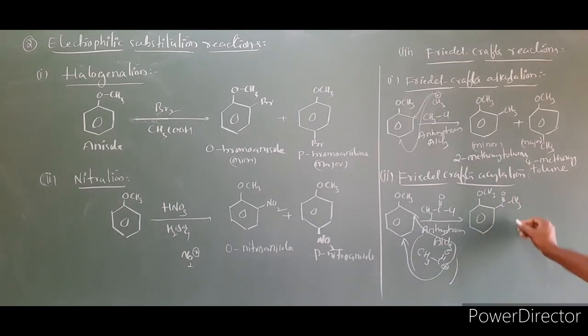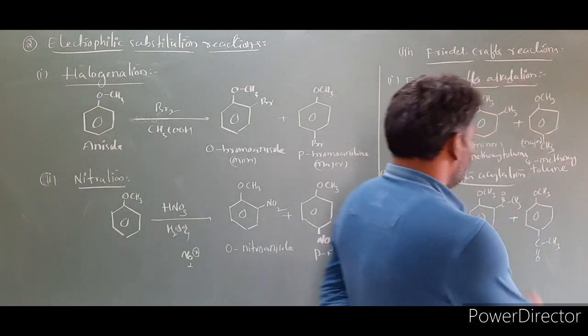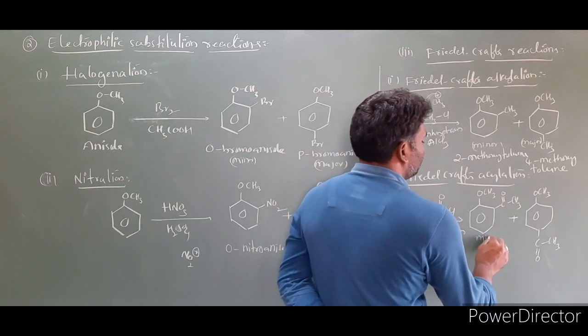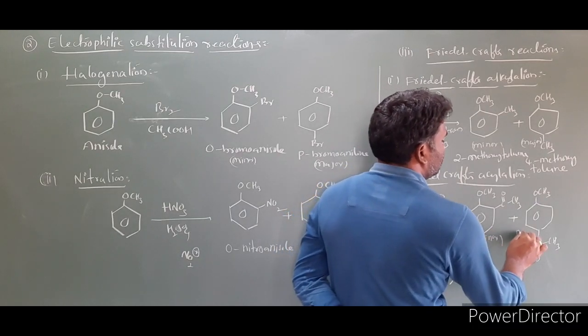This is one product, and the second product is OCH3 with COCH3 substituted at the para position. So ortho is the minor product and para is the major product.